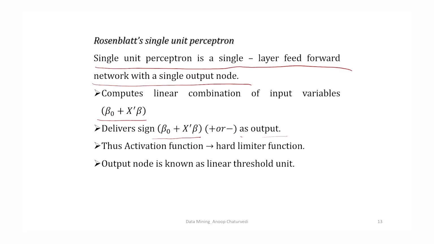So, in this case we are using the activation function hard limiter, and then the output node is known as the linear threshold unit.